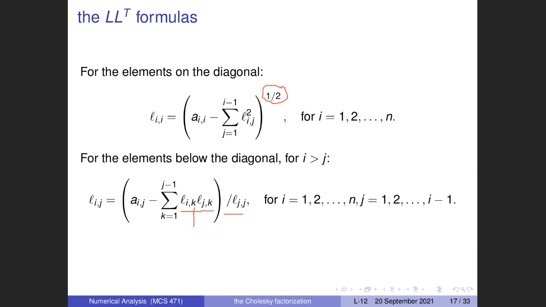So you can see the loop structure here. This is a for loop. It's actually a double for loop. The i runs from 1 to n and runs over all the rows. The j actually runs over all the columns, so the j is the outer loop.